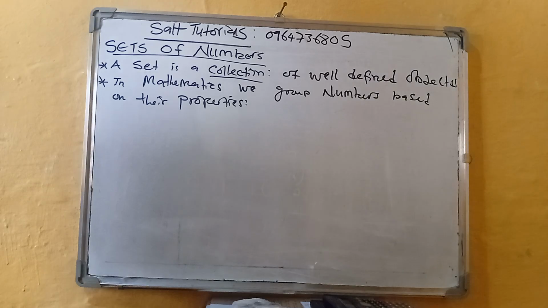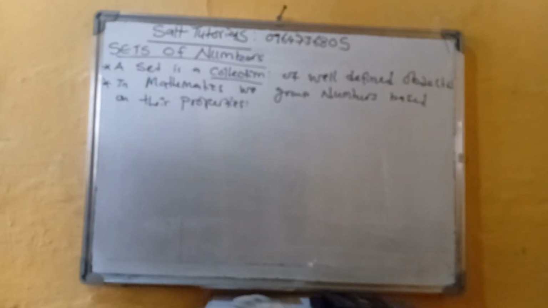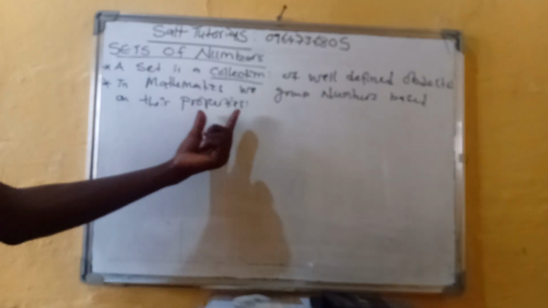The concept of grouping numbers based on their properties helps us understand how numbers are related, and where a particular number belongs. There are a lot of numbers in the world, and that is why we group them according to their properties.